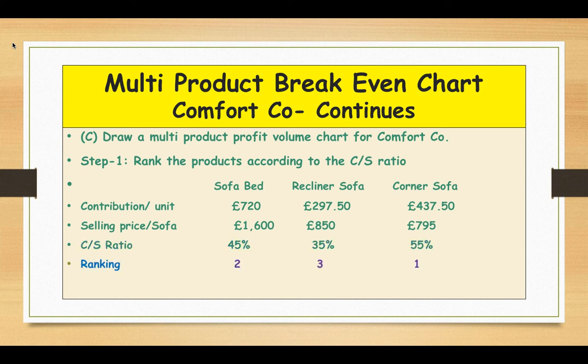Now we are going to rank the products. So corner sofa's contribution to sales ratio is the highest, so that is going to come first. Then sofa bed, finally the recliner sofa. So here we are going to assume the products are going to be sold in the highest contribution to sales ratio order.